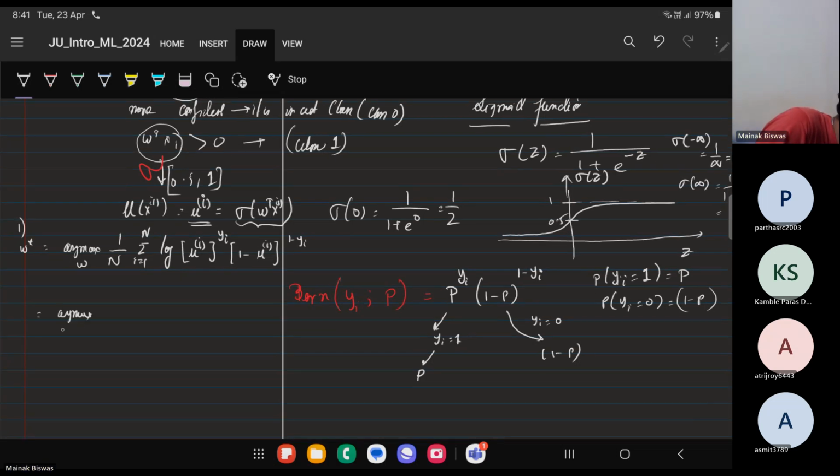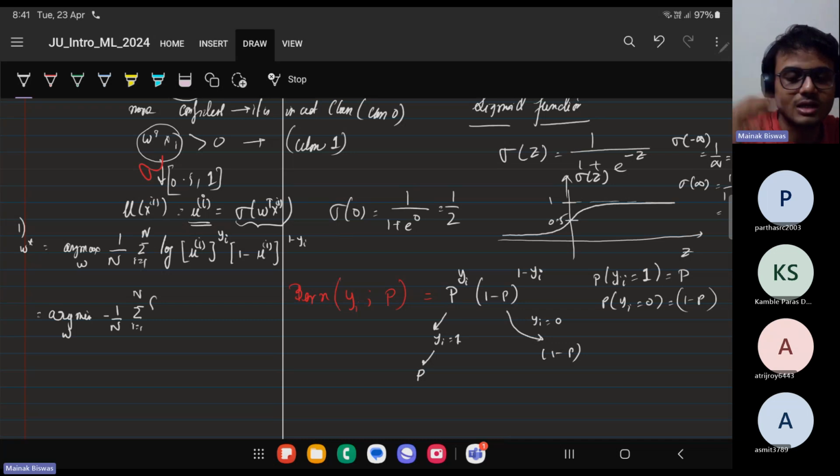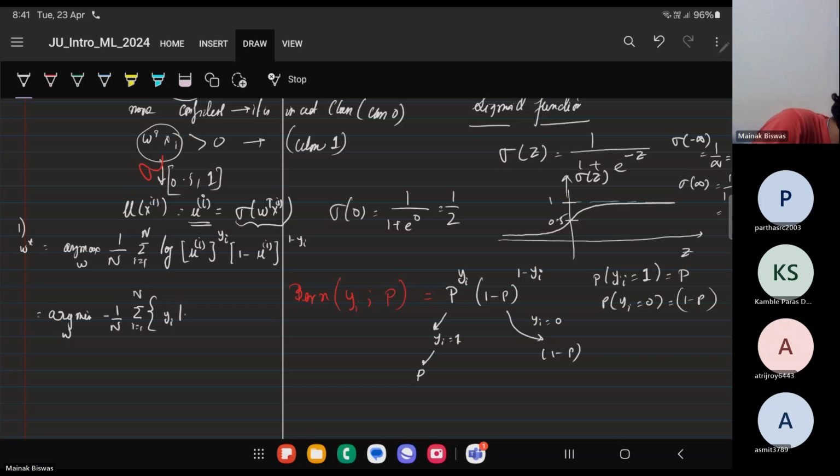Argmax, or let me write argmin. I like argmin. We have learned gradient descent in the previous few classes. Therefore, argmin is easier, since descent is easier to compute. Therefore, I'm writing a descent direction.